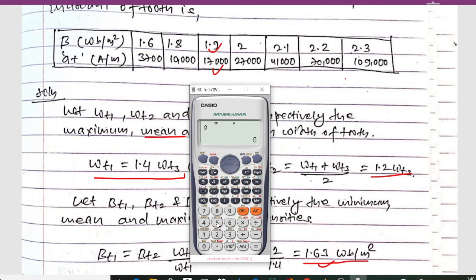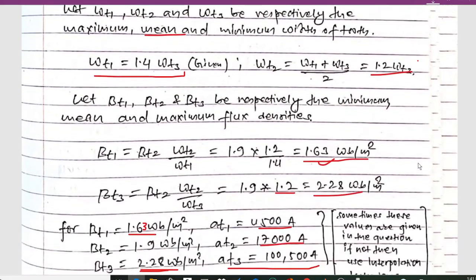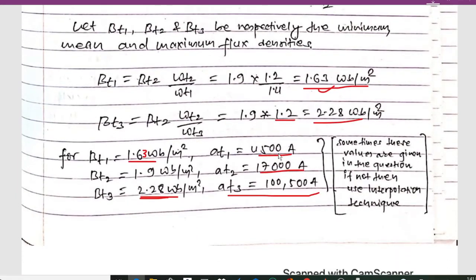Now press the left button, and now we have to calculate the value at 1.63, so press 1.63, and press equals. So you get 4645 here, and we have taken 4500 from the curve.